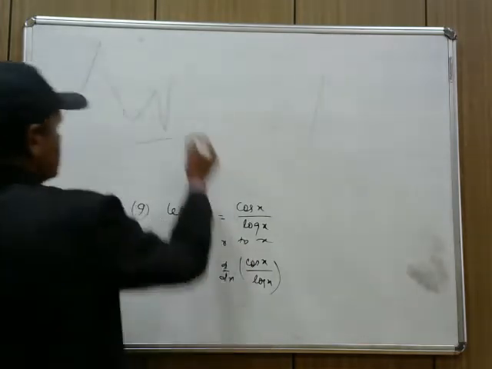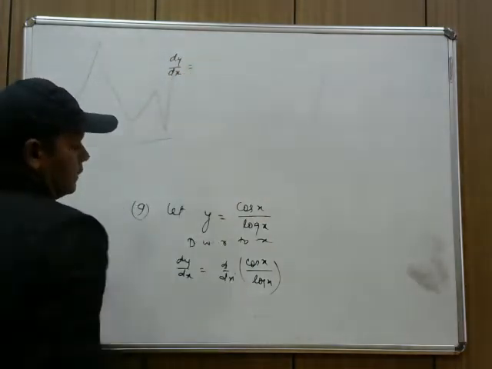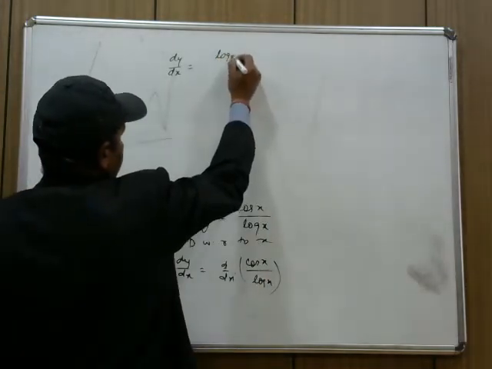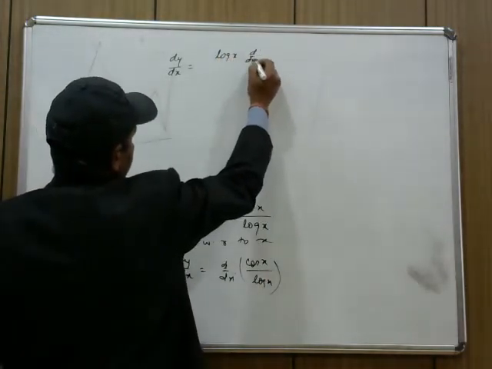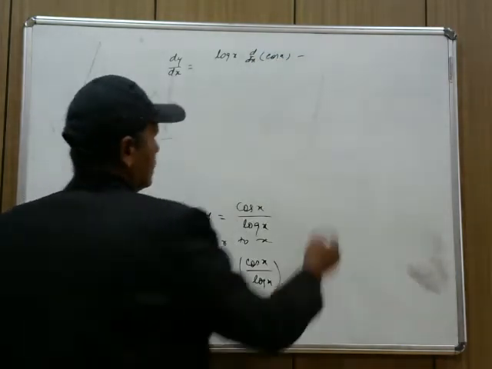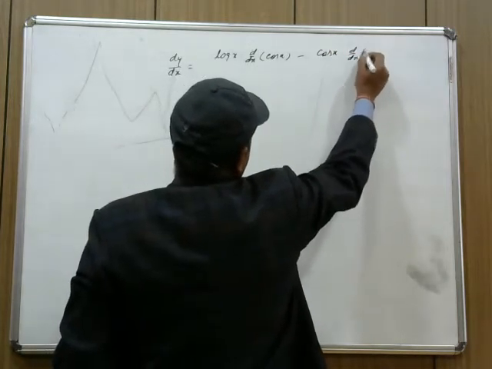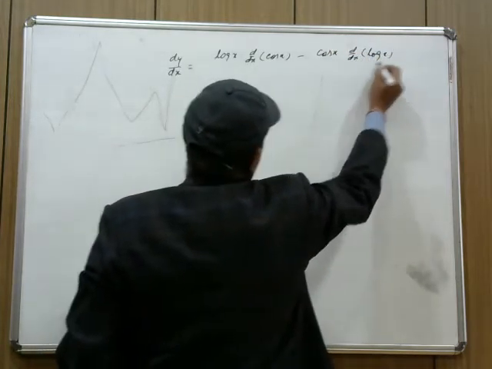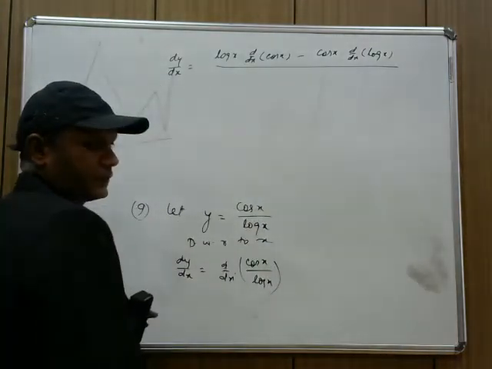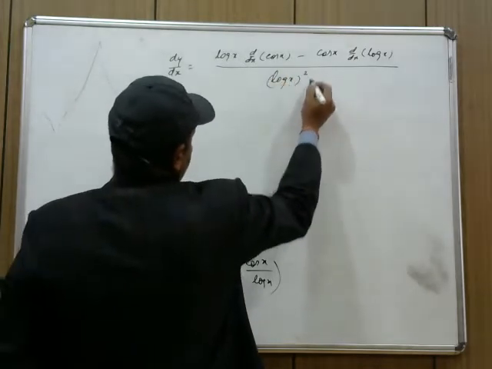Now can I write dy by dx is equal to differentiation of first, second as it is, log x into differentiation of cos x minus cos x into differentiation of log x, whole divided by the square of the denominator, that means log x whole square.